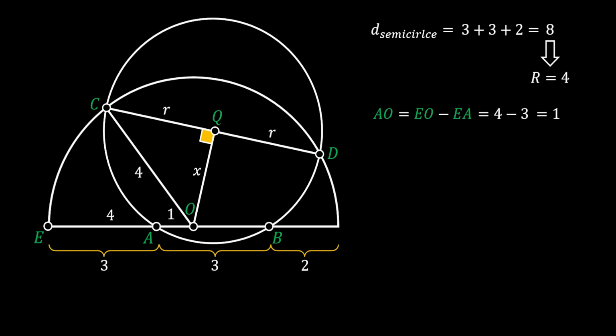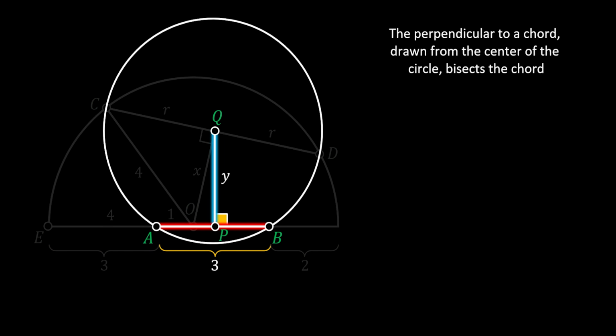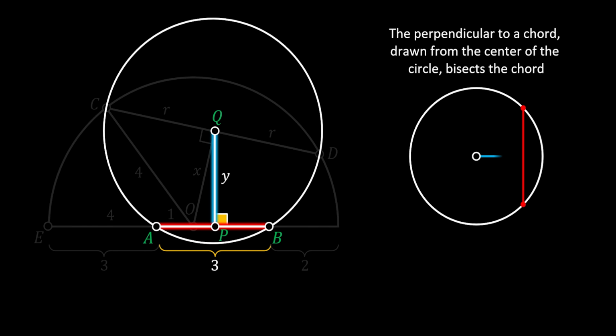Now let's pull the perpendicular to the diameter of our semicircle from the point Q. And let's label this intersection point with this diameter as P. We can say that this line QP has the length of y, and we can notice that the line AB is actually the chord of our full circle. Now we can use the same circular property as before, that the perpendicular to a chord drawn from the center bisects the chord.